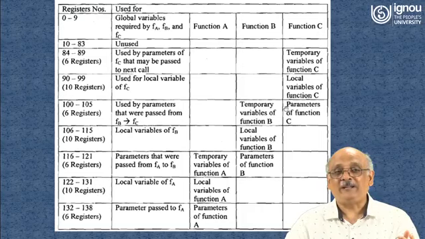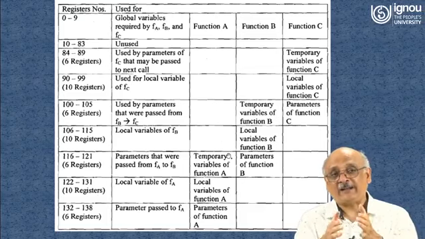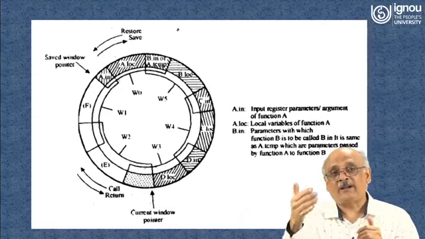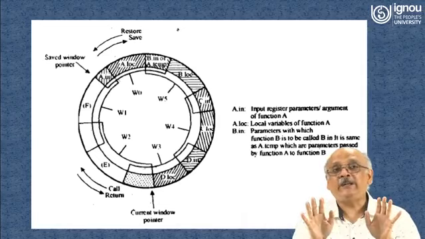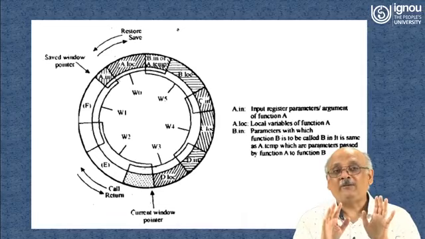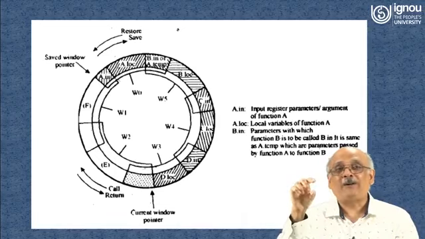Similarly, function B will call function C, and they will be sharing like that: A calling B, B calling C. The nesting of functions goes on, one function calling another, but there is no need to store any of the values except for the overlapping of registers.